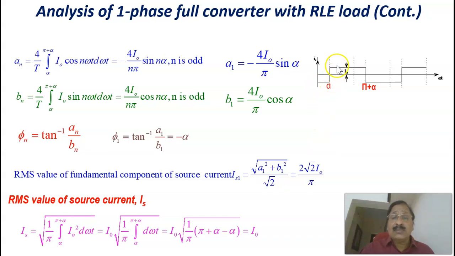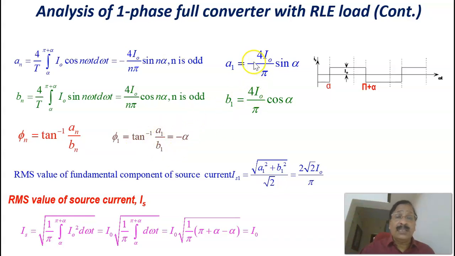Therefore the RMS value of the fundamental signal is 2 root 2 I naught divided by pi. Similarly, what is the phase shift corresponding to the fundamental quantity? Phi n equal to tan inverse a n by b n, so corresponding to the fundamental, phi 1 equal to tan inverse a1 by b1.